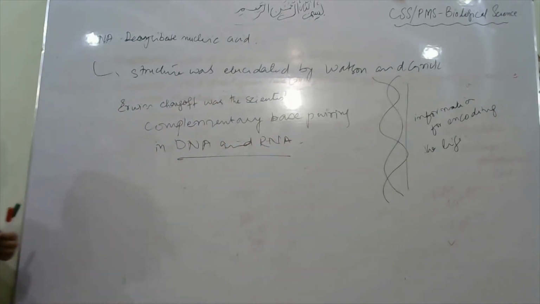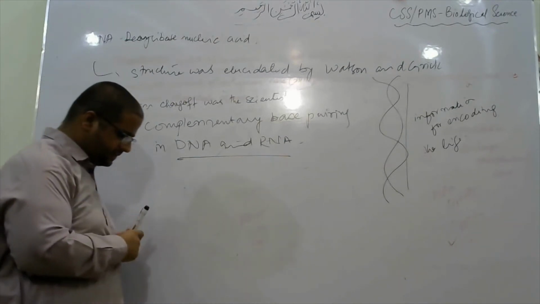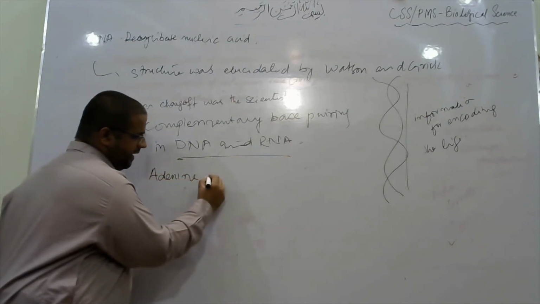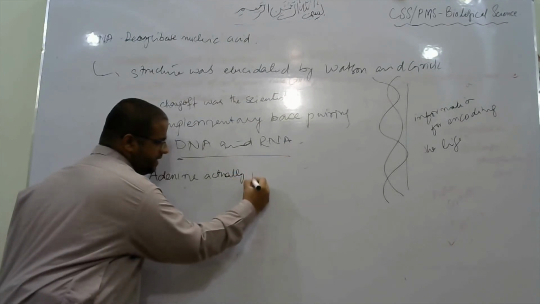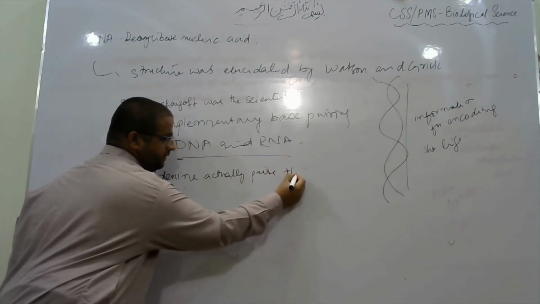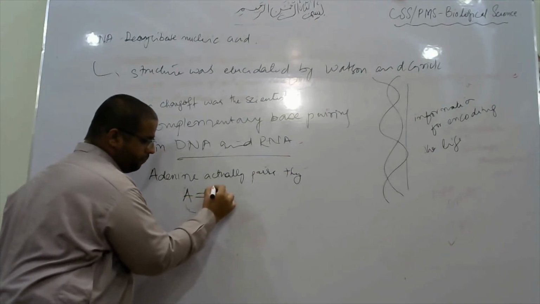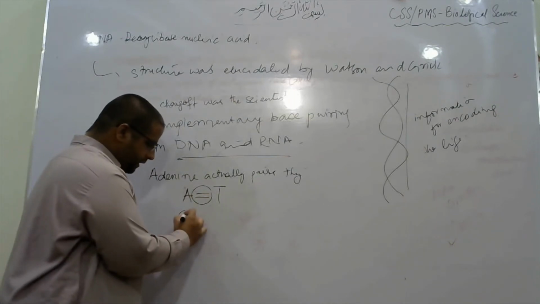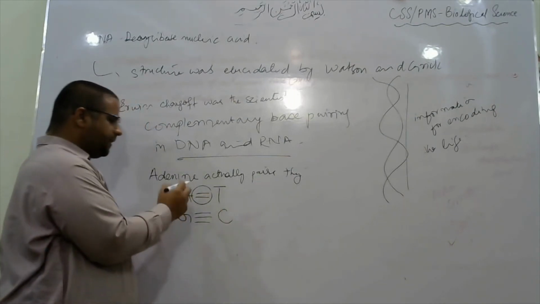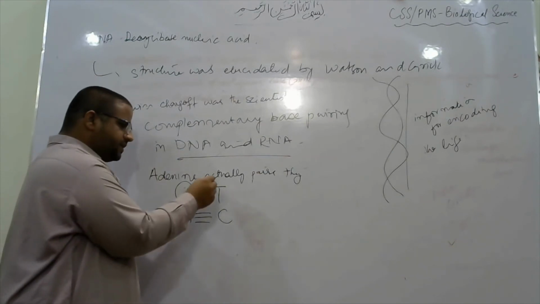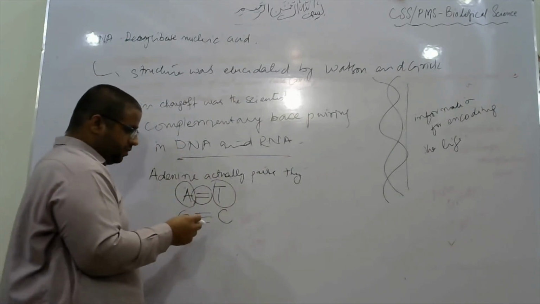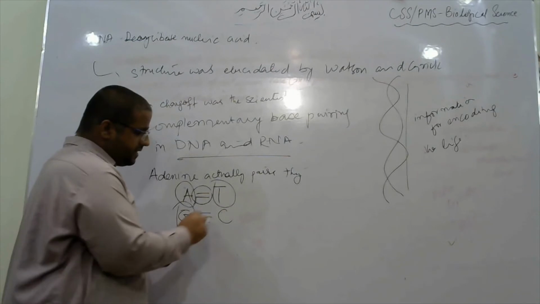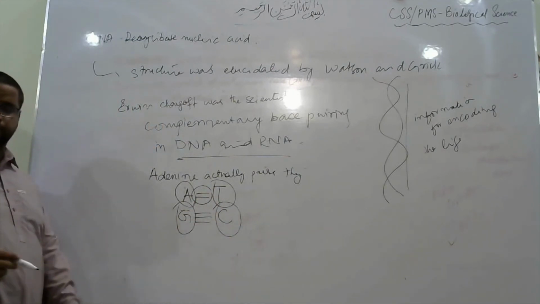Here it established that adenine pairs with thymine with two bonds. These are hydrogen bonds. And guanine pairs with cytosine. We remember that adenine is a purine base and thymine is a pyrimidine base; guanine is a purine base and cytosine is a pyrimidine base.